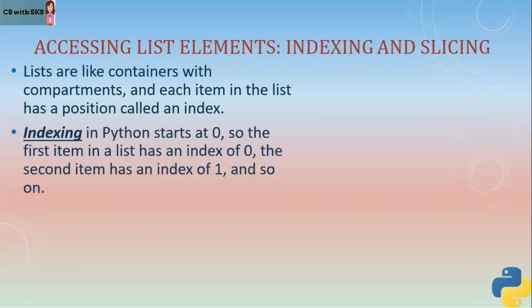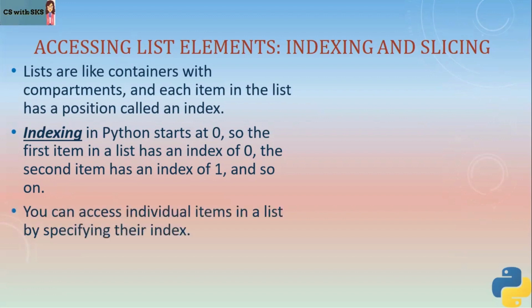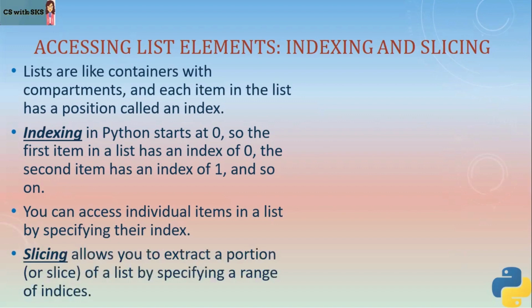So in Python, indexing starts at 0. The first item in the list has an index of 0, second item has an index of 1, and so on. So we can access individual items in the list by specifying their index. How? We'll see with some examples.